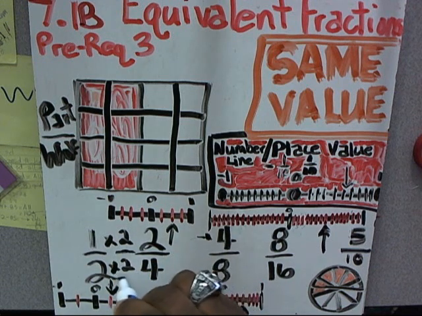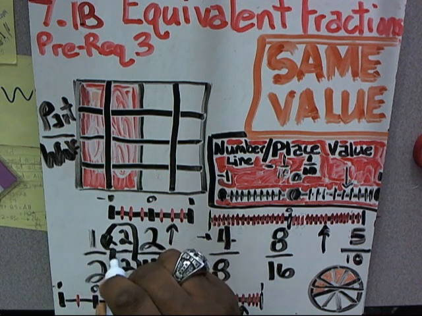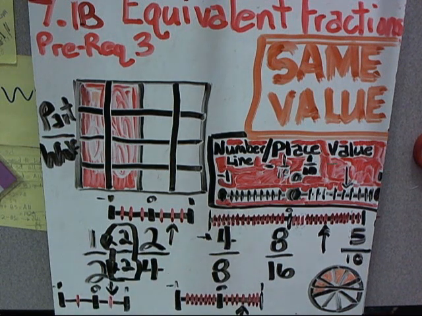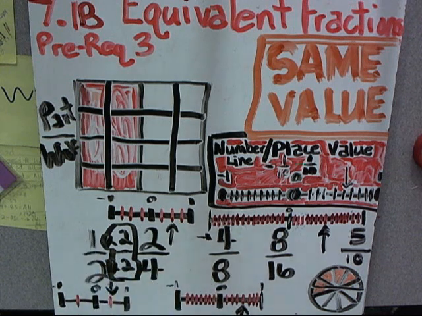Okay, when I do that, that 2/2 is actually 1. I don't know if you can see that very good. But 2/2 equals 1, so it does not change your 1/2. It doesn't change it.